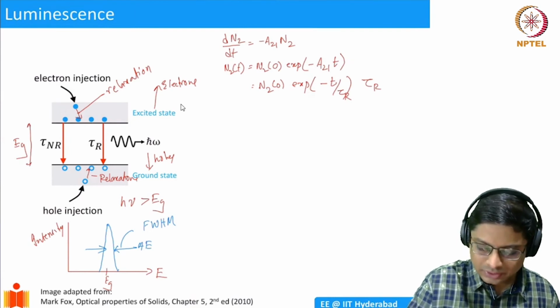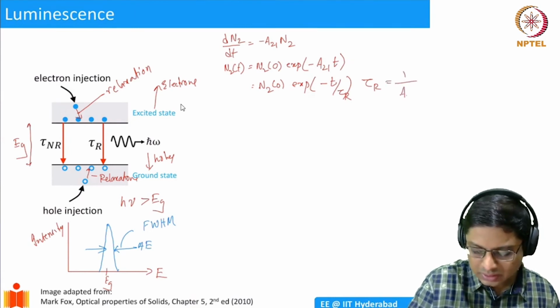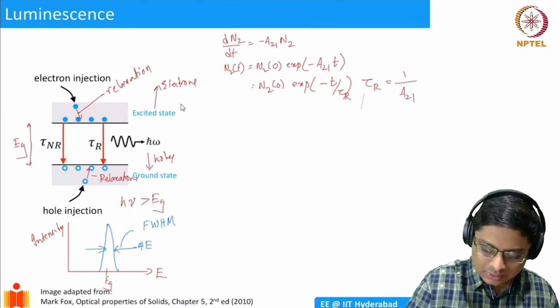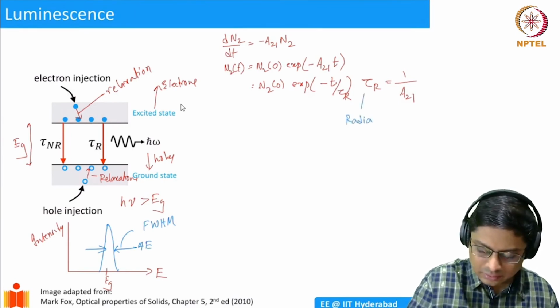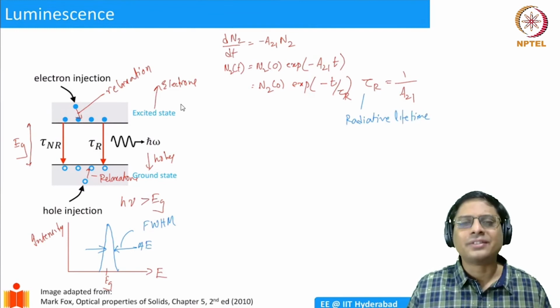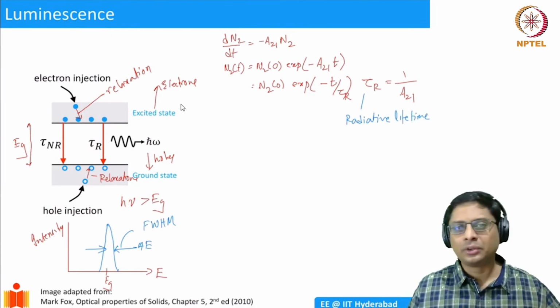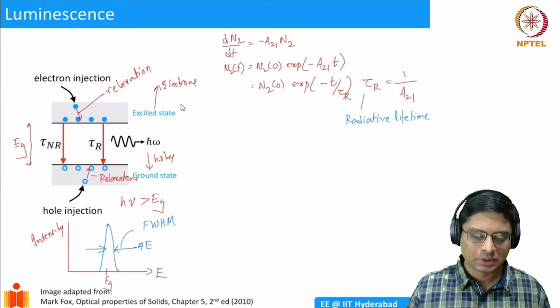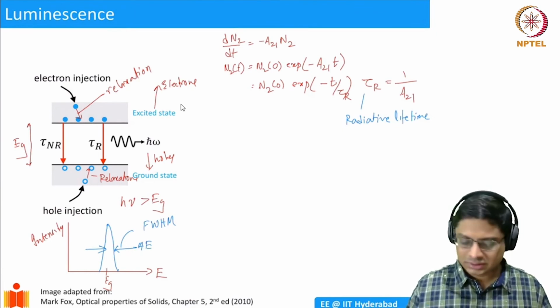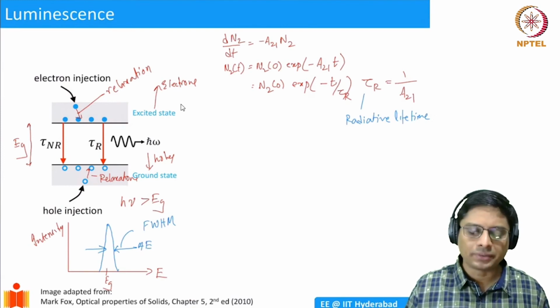It is equal to 1 over A21. This is my radiative lifetime: essentially, how much time it takes on average for an electron to de-excite and emit a photon. So this is how the radiative decay happens.